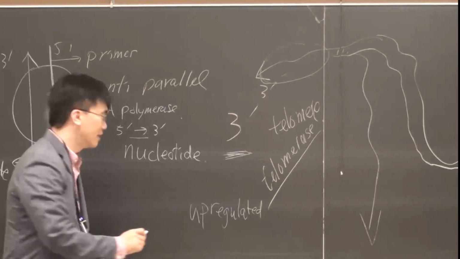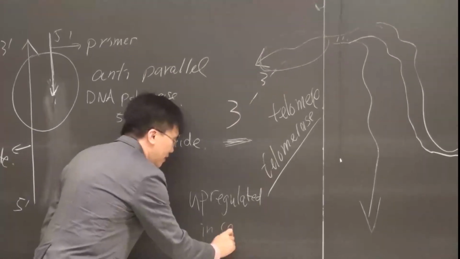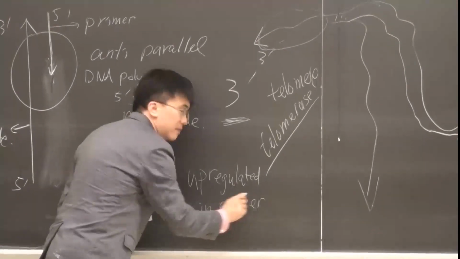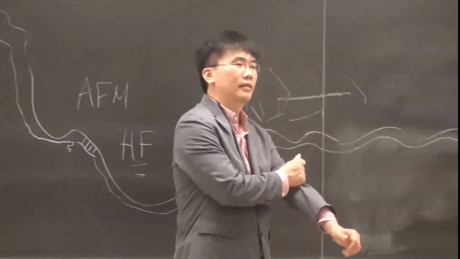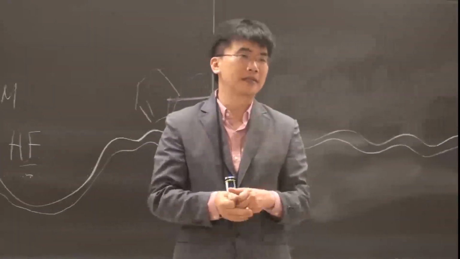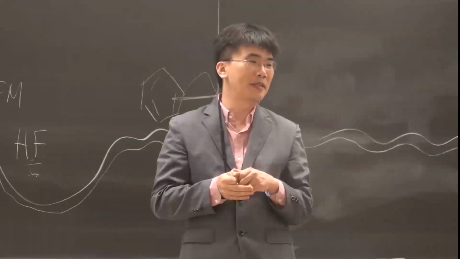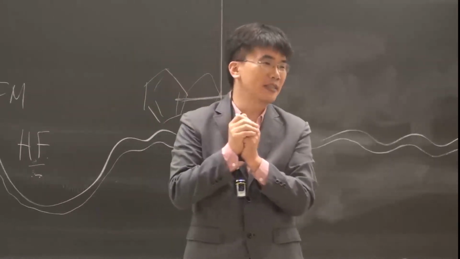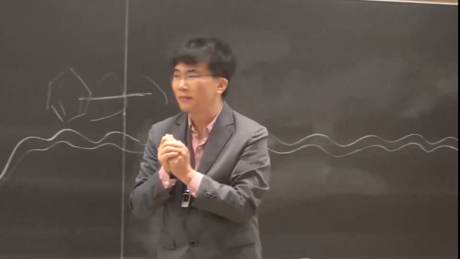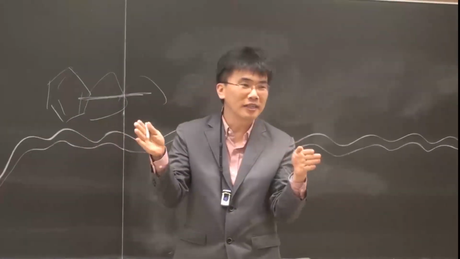Telomerase is actually upregulated in cancer. Meaning that in cancer cells, you have a lot of telomerase, meaning that telomerase protein expression is upregulated. Why do you need to do that? Because cancer cells divide quickly, right?